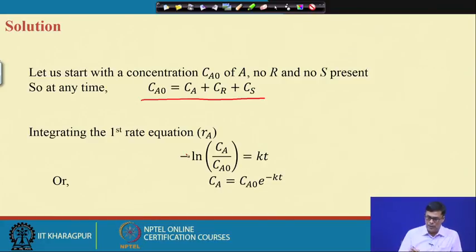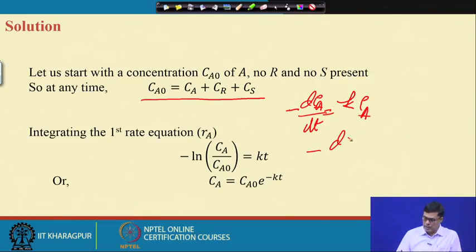Now, if you look at the substrate degradation first, dC_A by dt equals minus K into C_A. Am I right? So we can put it here: minus dC_A by C_A equals K into dt.